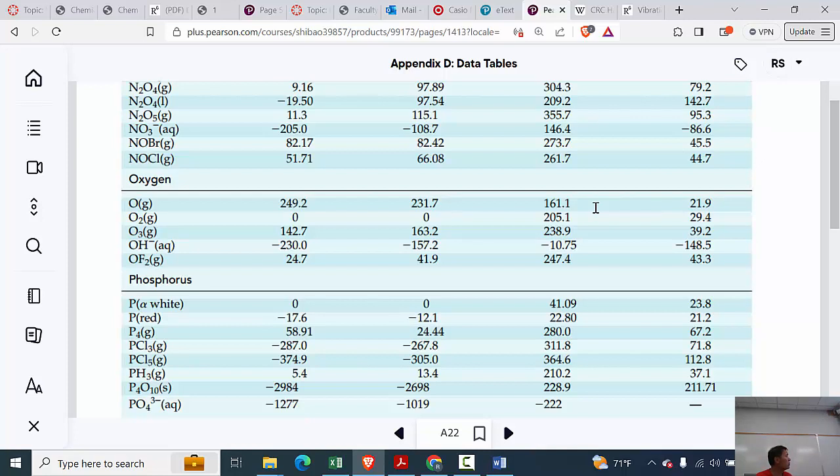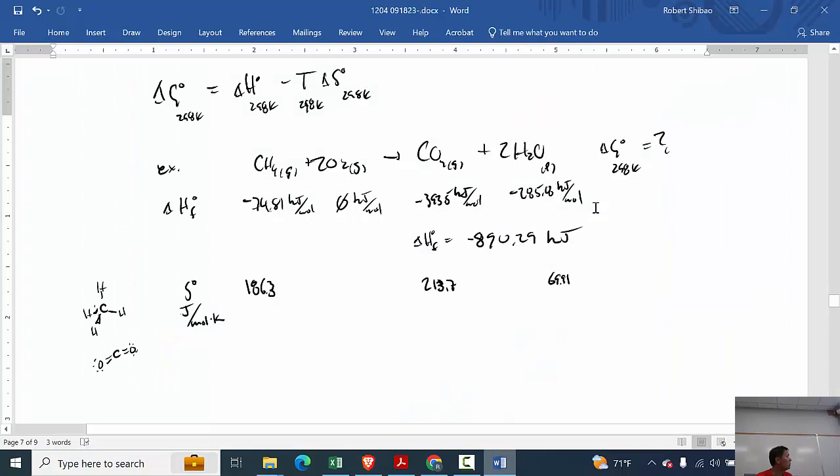And we can see the entropies here, 161 for atomic oxygen. There's no vibrations here, no rotations. It's only translational. And then we have O2, which is going to introduce vibrational and rotational, and O3, which is going to have more complex vibrations and rotation. So it's a little higher here. But O2 is 205.1, for the gas.